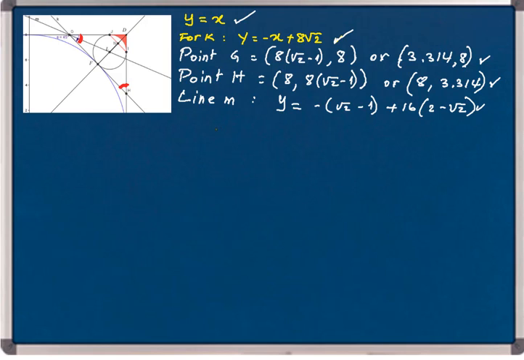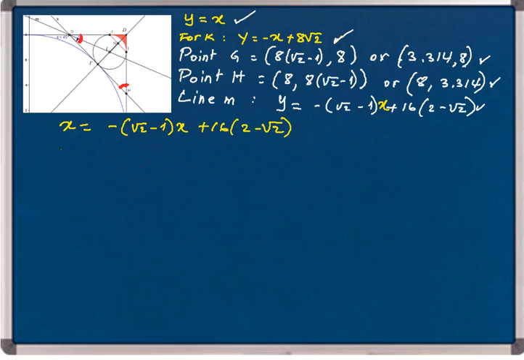Now y is equal to x and line M meet at the point L. So we can make them meet there. So we can say y is equal to x. So that means x is equal to all this. This is missing the x here actually. So it is minus square root of 2 minus 1 x plus 16 times 2 minus square root of 2. So we solve for this one.